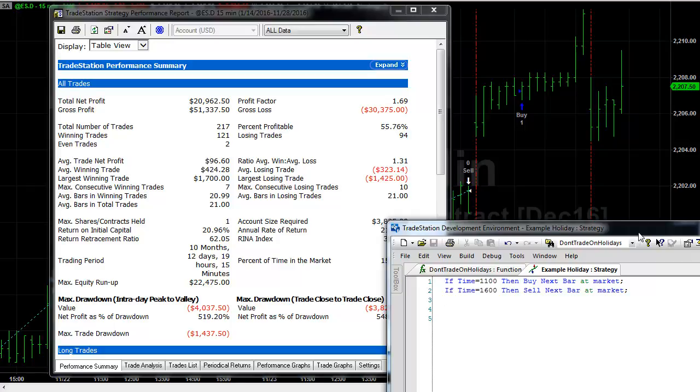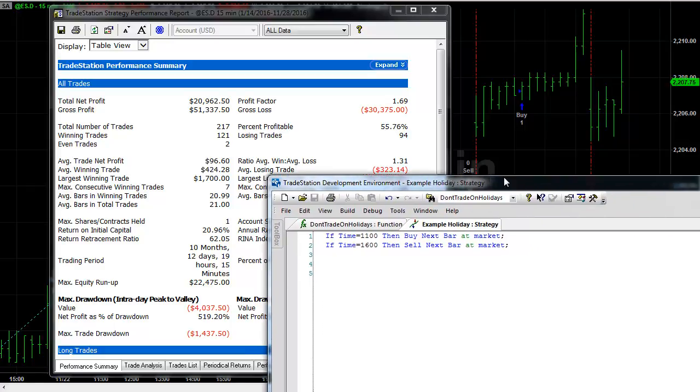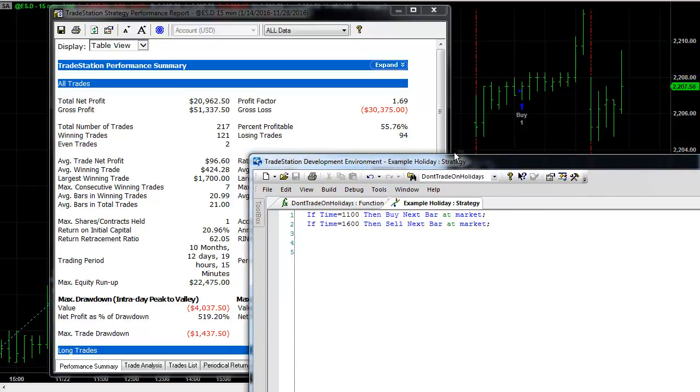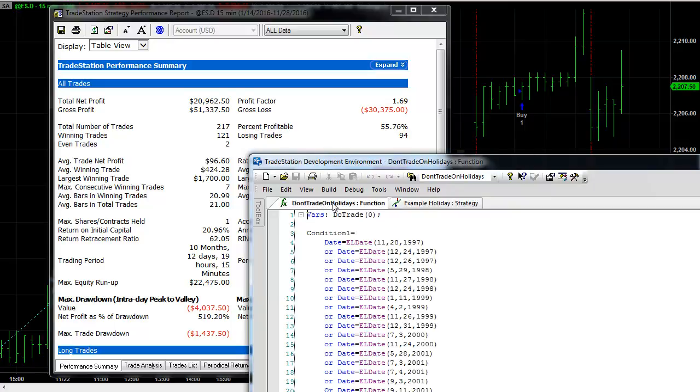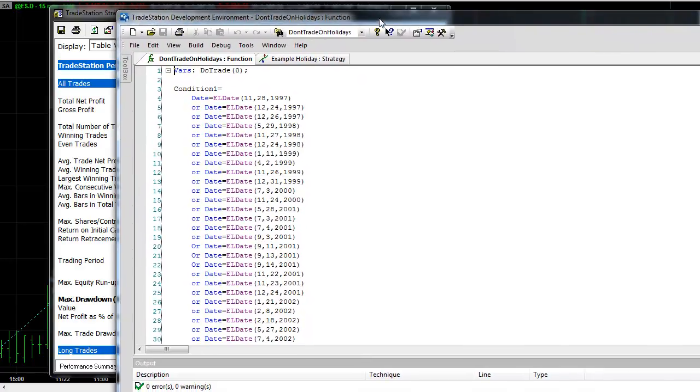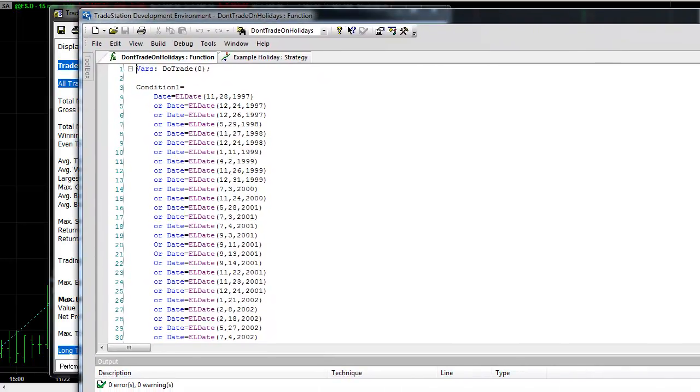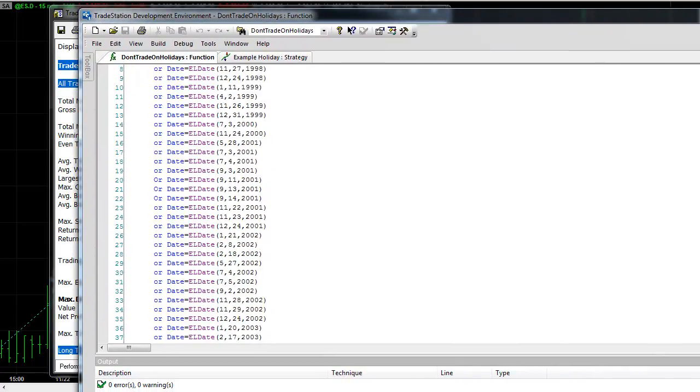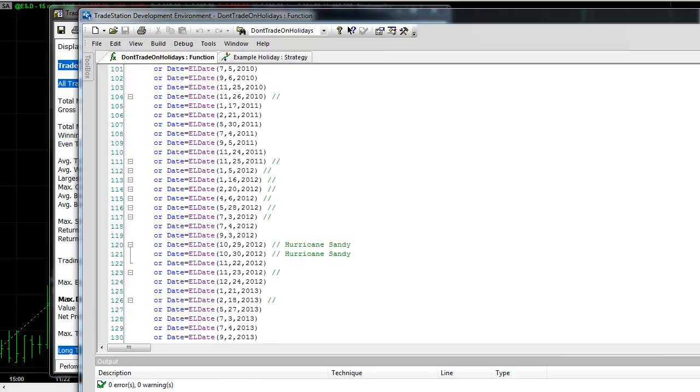One of the ways we manage it is to use the don't trade on holidays function. All that function is a list of dates, and here is the open code for that. Here's all the dates where the stock market is either closed or it closes early. So we don't trade on days the market is closed.